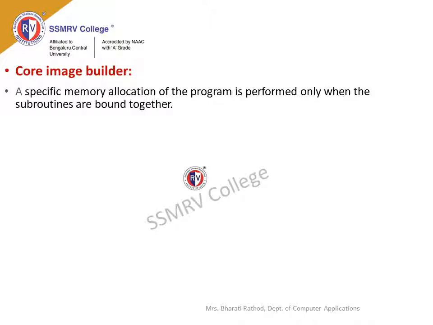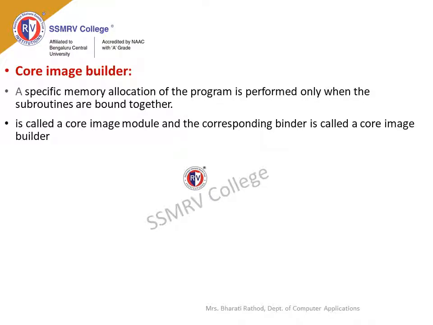Since this looks like a snapshot or image of a section of core, it is called a core image module, and the corresponding binder is called a core image builder. Advantages: simple to implement and fast execution.